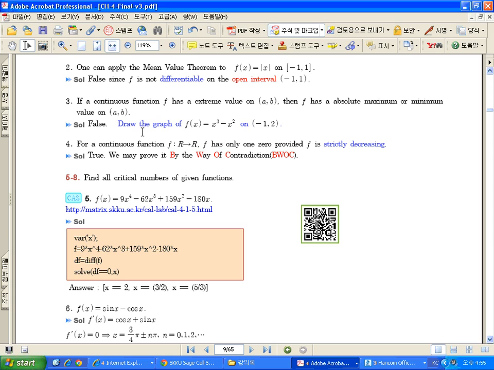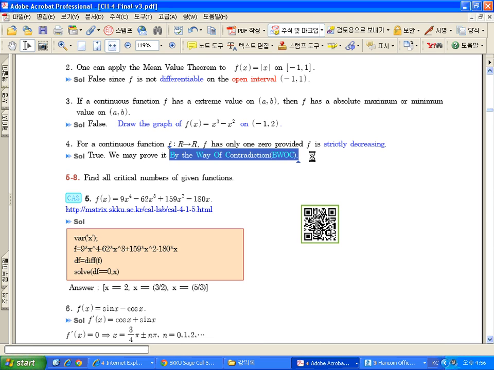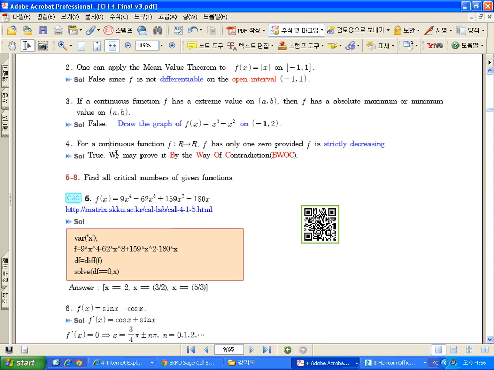There are many ways of proving it, but if you use the way of contradiction, then you can easily find the proof of the conclusion that you have.